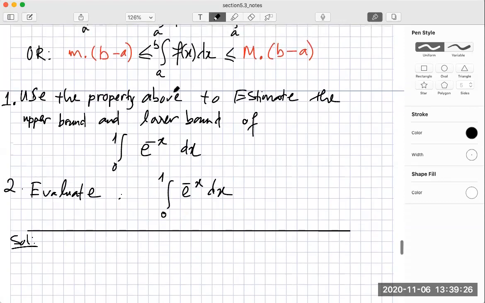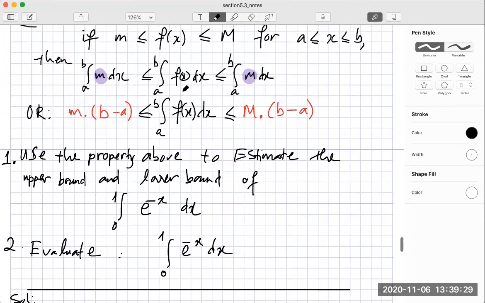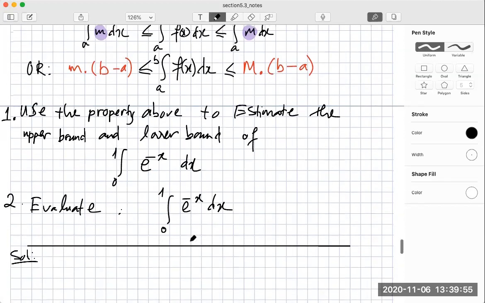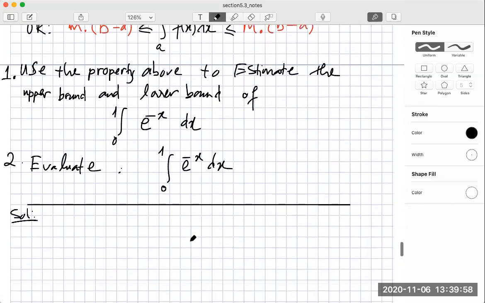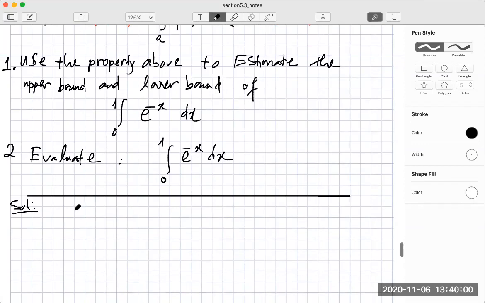Then, in order to use these properties, we need to find the maximum and minimum of the function in this interval from 0 to 1, right? How can we find a maximum and minimum in this interval? Very good. Thank you, Daniel. So we need to compute the first derivative. Let us call f(x) is e to the negative x.